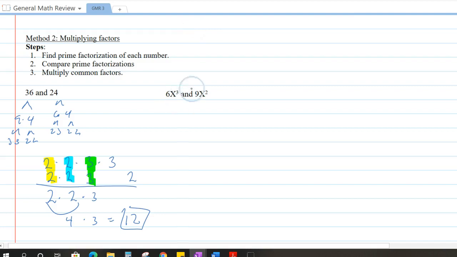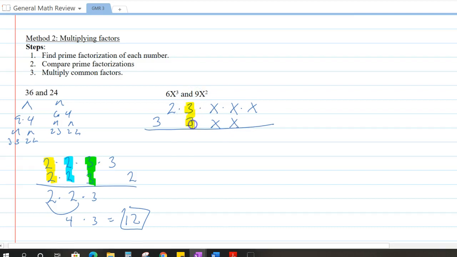If I have 6x cubed, that means I have 2 times 3 times x cubed is 3 x's. 1, 2, 3 x's. Now if I have 9x squared, 9 is 3 times 3. I have one common 3, but then one extra 3. X squared gives you 1, 2 x's. Now you want to compare like terms.